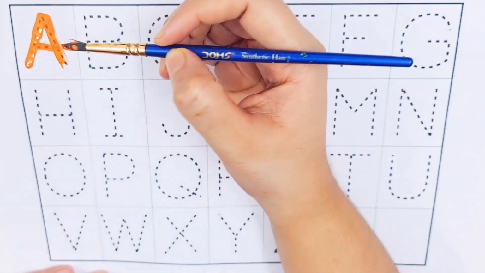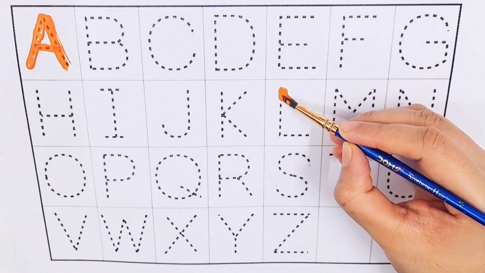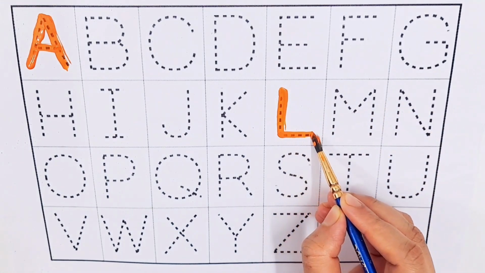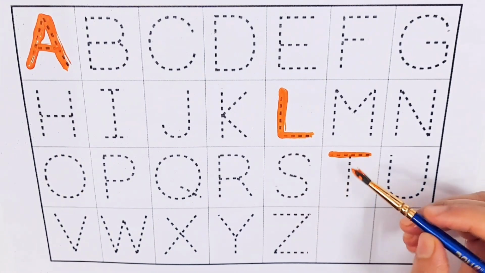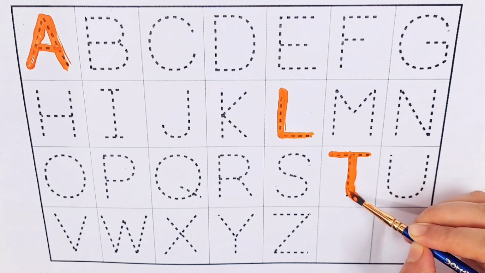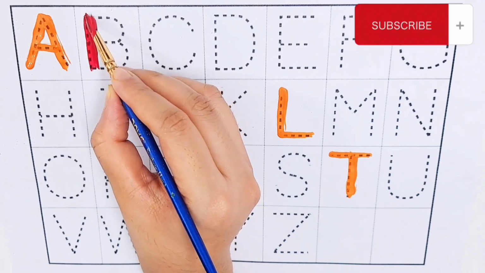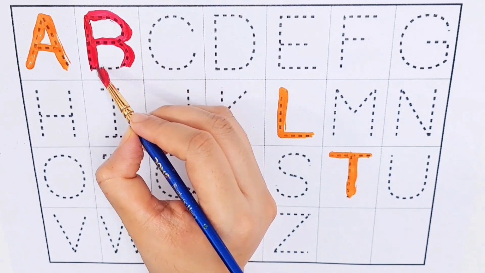A for aeroplane. L for lemon. T for train. B for books.